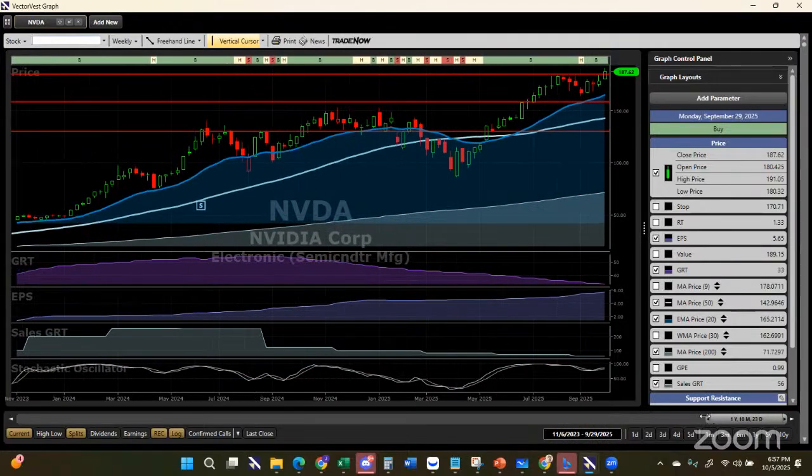The beauty of this app is it draws the fundamentals visually. So I have growth rate, earnings per share, which is the EPS rate, and the sales growth. You can see all of that, and then again, I have my Stosh indicator there, just to tell me if it's overbought or oversold.